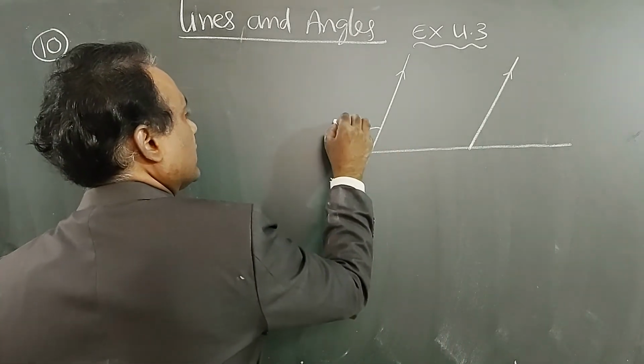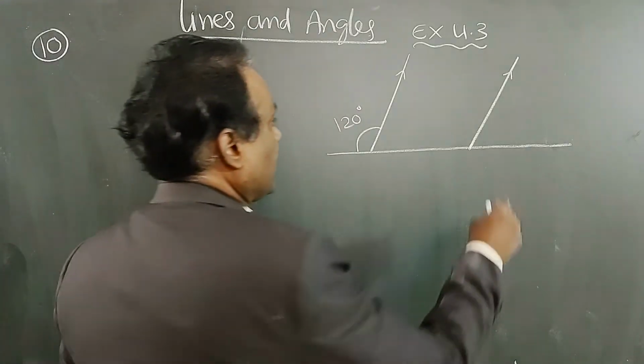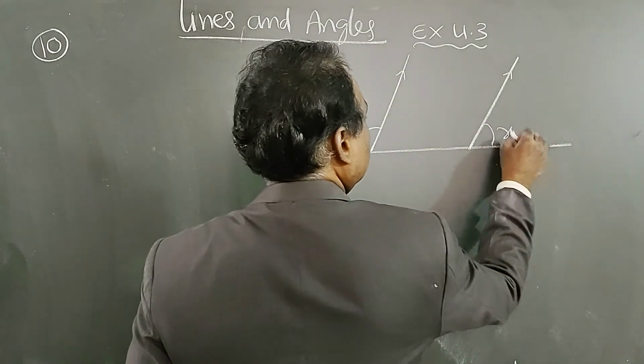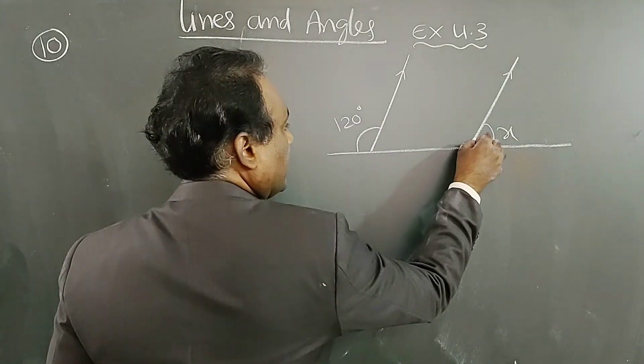See students, I'm drawing the given diagram. 120. This is x. This is extended.